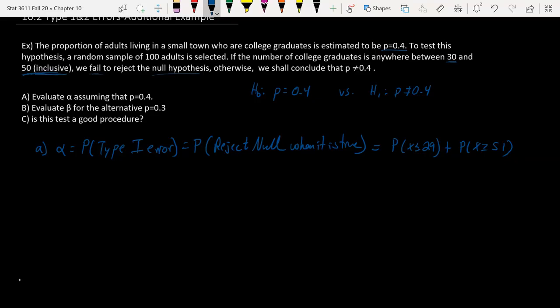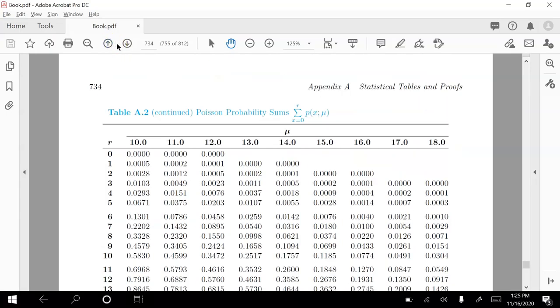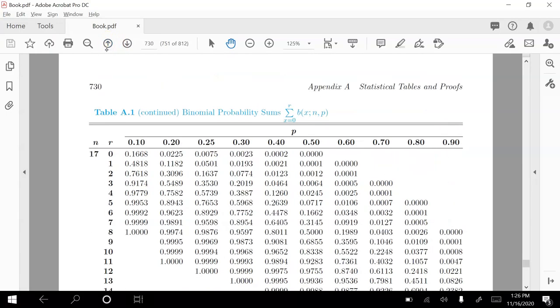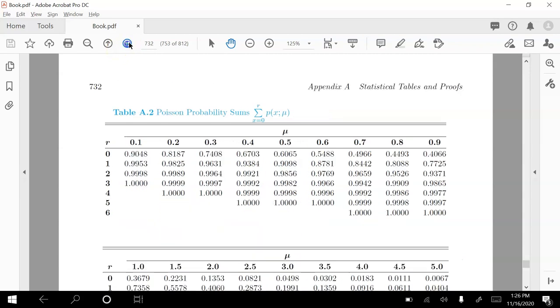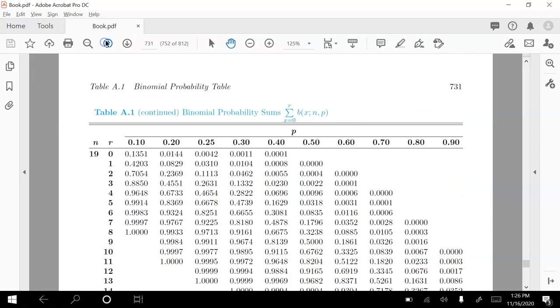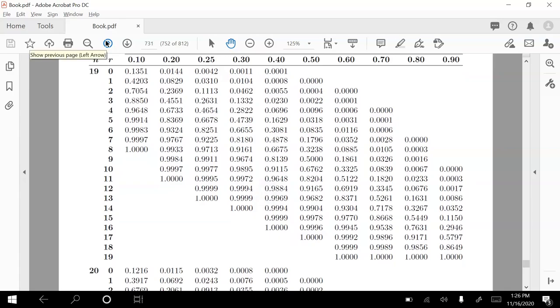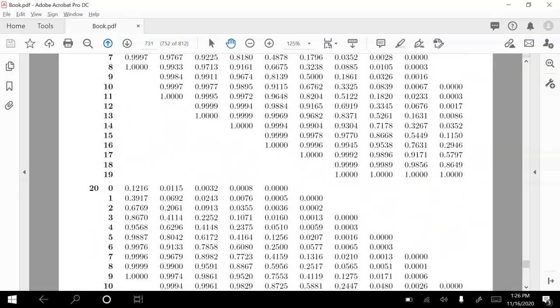And I'm pretty sure that the table in the back of our book here does not have that. Let me just do a quick glance here. Poisson probabilities, binomial sums. Yeah, it only goes up to N equals 20. So we're not even close to getting that done. So we would not be able to use our table to do this.